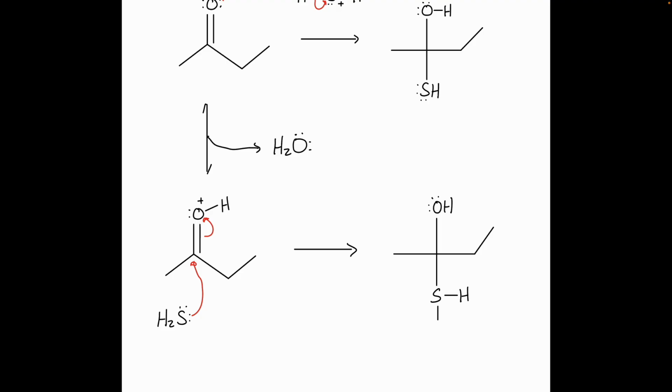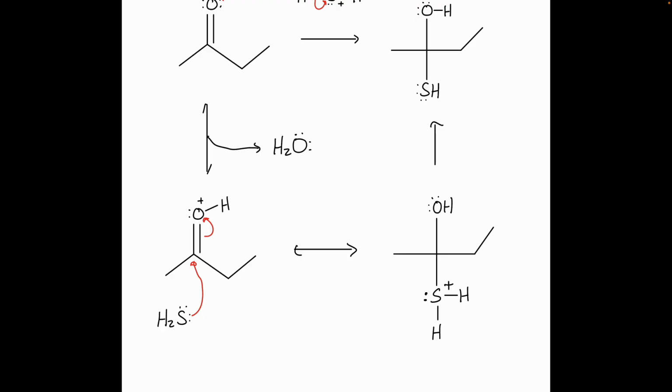One of the big differences here is that since my nucleophile was neutral when it attacked, now I've turned that lone pair into a bond, giving it that positive charge. So in order to get to my final step here, I'm going to need to deprotonate that. This will be reversible.